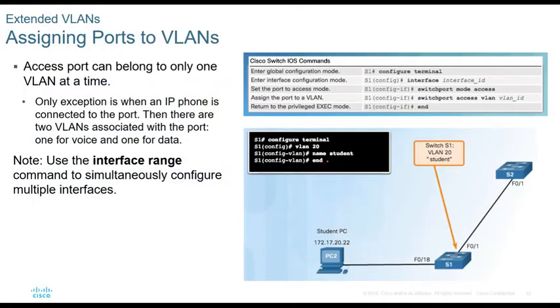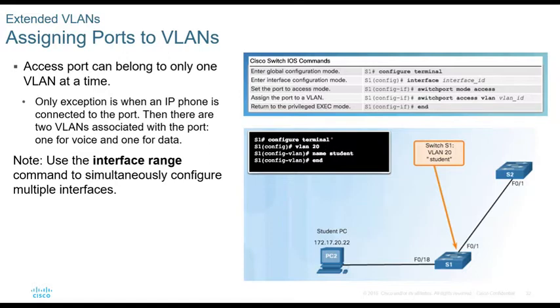Alright, next, of course, after you've created the VLAN, it's now time to assign ports. By default, all of the ports are part of VLAN 1. So this is the time na paghiwa-hiwalayin mo na yung mga port numbers and assign them accordingly to a particular VLAN. So eto siya.